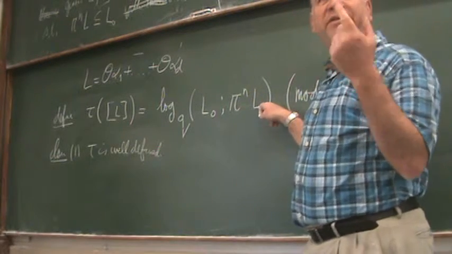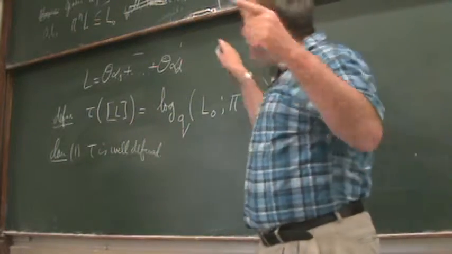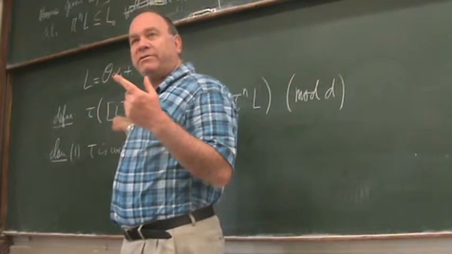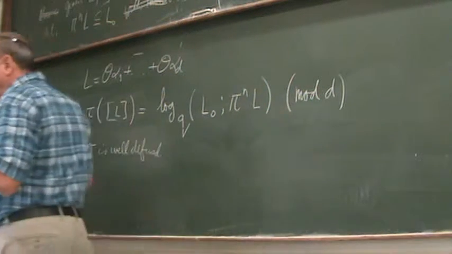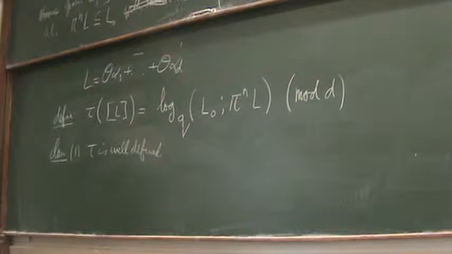But now I claim that it also doesn't matter what L is. If I take another element in the same equivalence class, this is the second problem in this definition, that I took it as a definition for an equivalence class. If I take another representative from the same equivalence class, what's the difference between them? Again, one of them is pi to the something times the first one, right? Then I push both of them by some big power of pi, to put them into the integers.